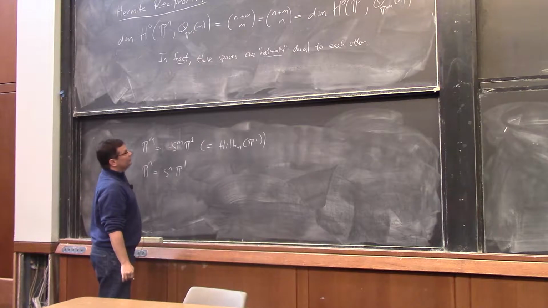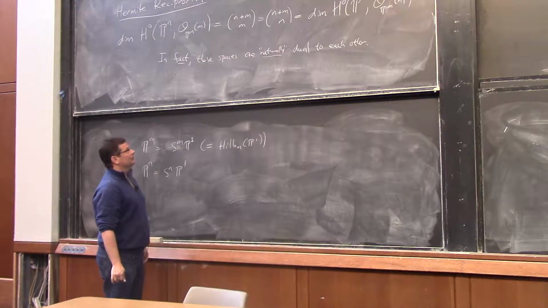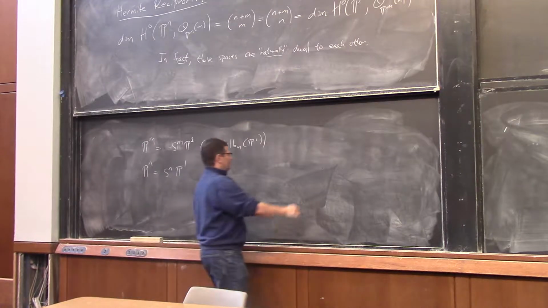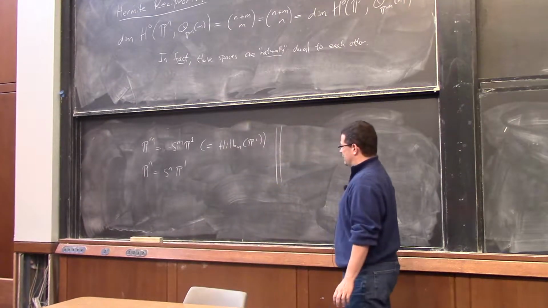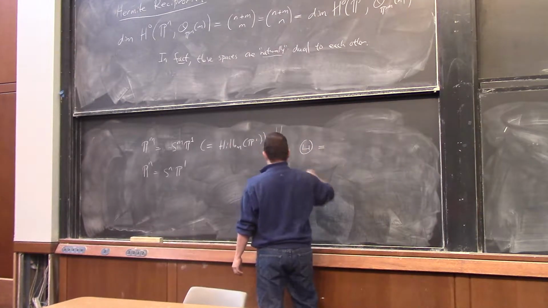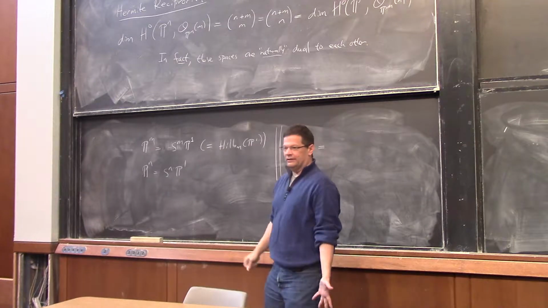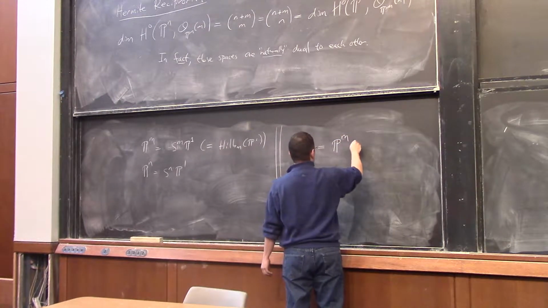And I want to realize duality between these two vector spaces. I'm going to do this by means of a divisor, which I'll just sort of optimistically call theta, inside of Pm cross Pn.